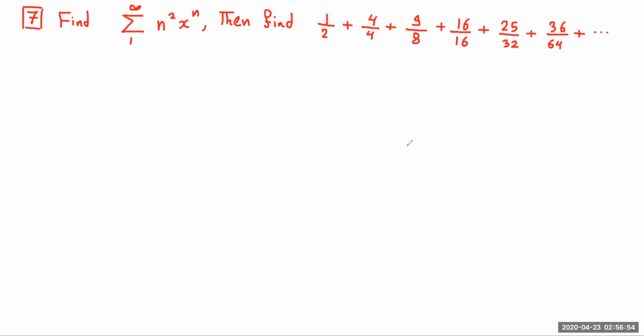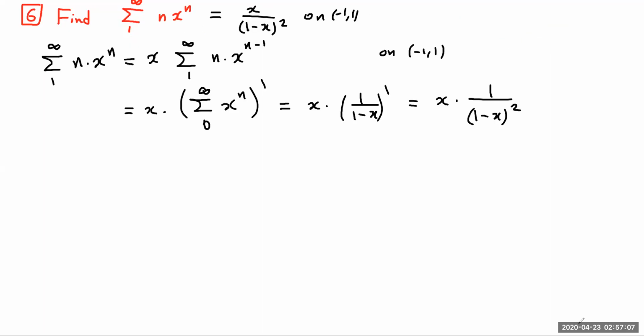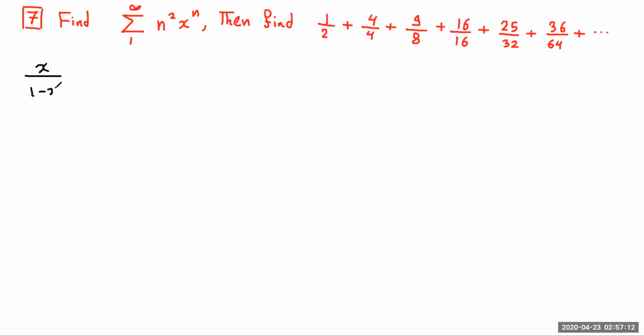The next exercise and last exercise: to calculate this sigma, let's use the last formula which we found in the last exercise, x over (1 minus x) power 2, equal to sigma n x power n from 1 to infinity. Let's take the derivatives of both sides. Remember that this formula is correct from minus 1 to 1, so I can use the theorem.